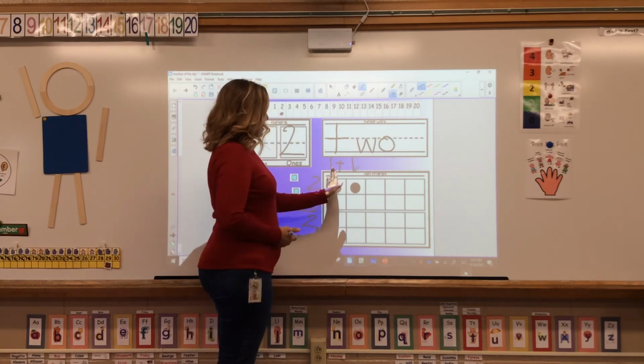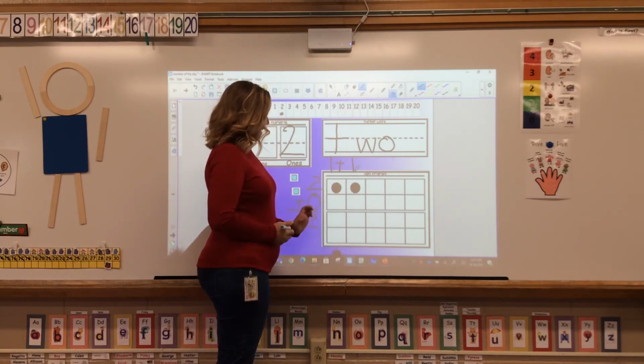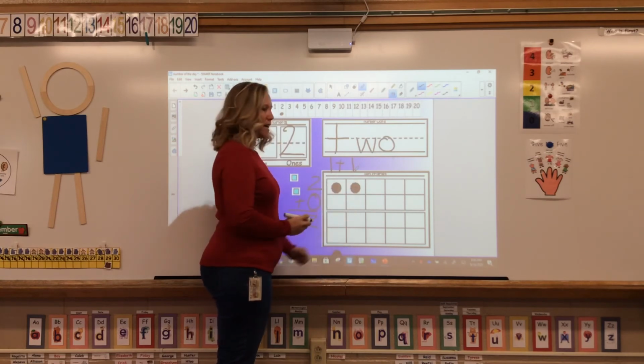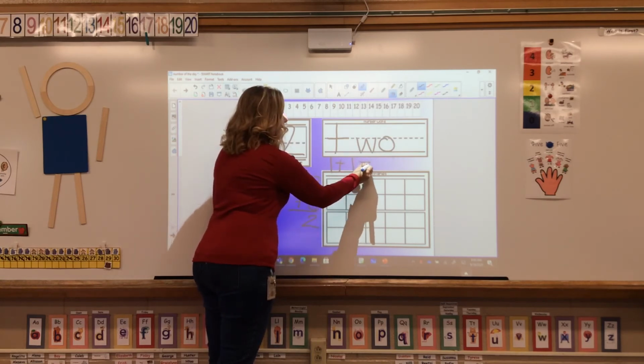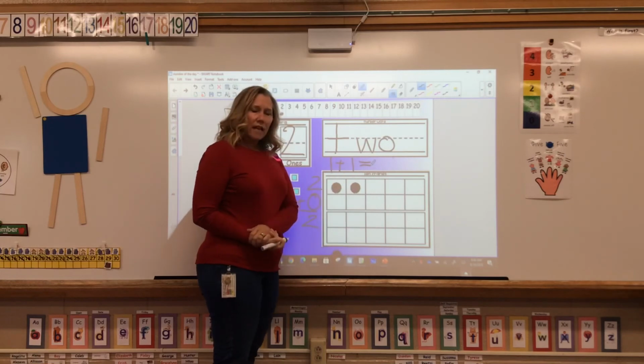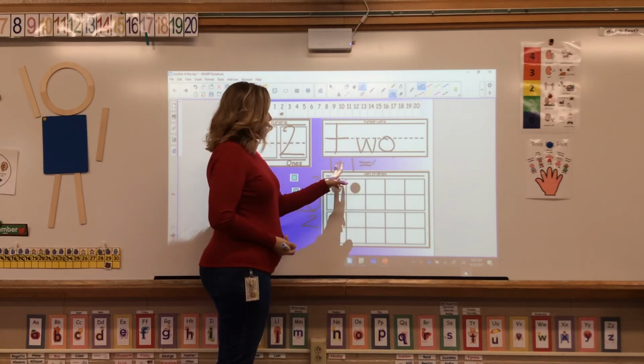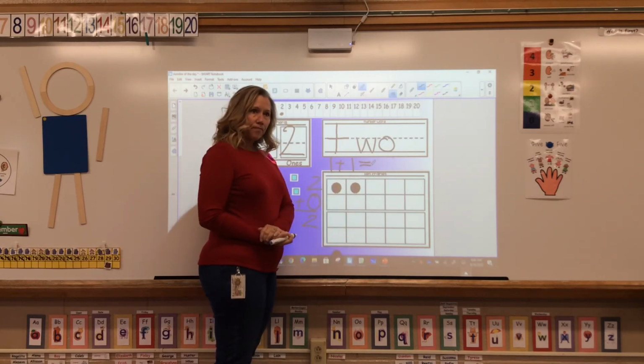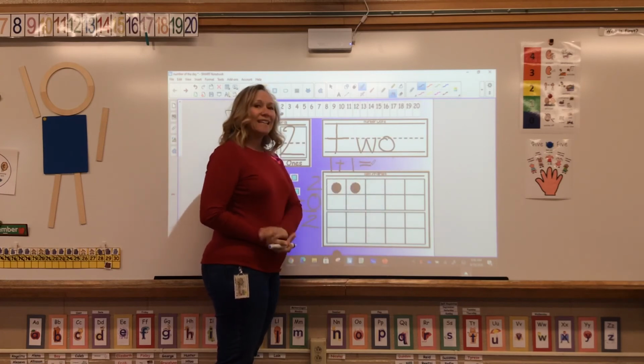We know we have 1 dot here and we have 1 dot here in our 10 frame. So I'm going to put an equal sign. What the equal sign means is that when you're adding the 2 together, how many does that give you?